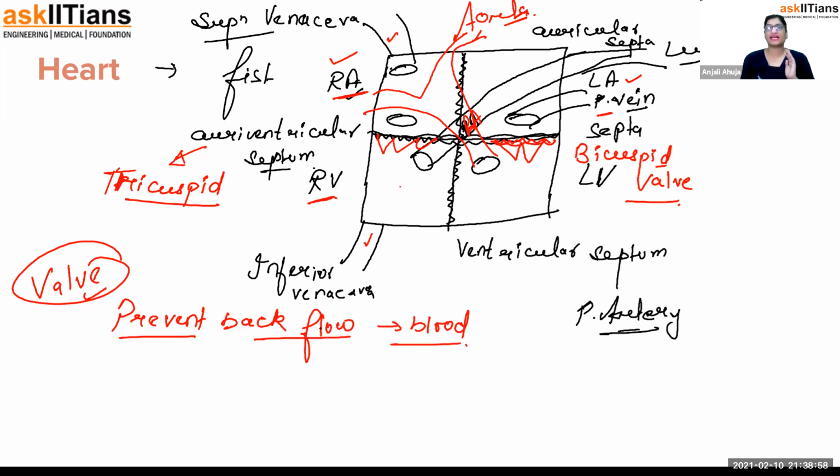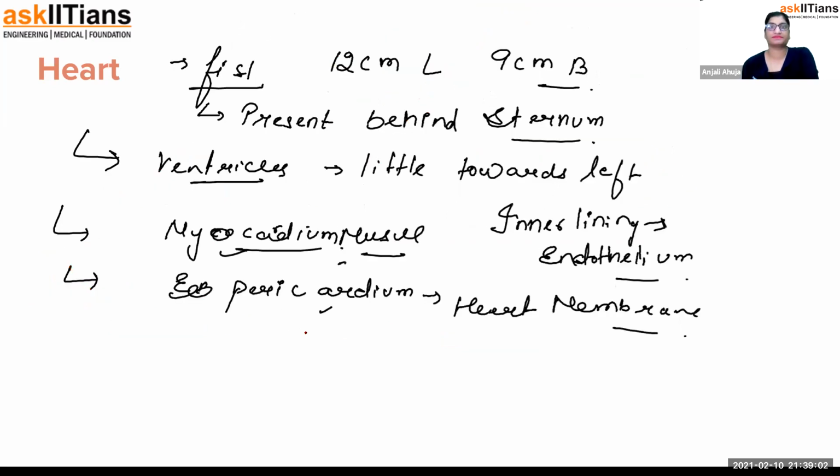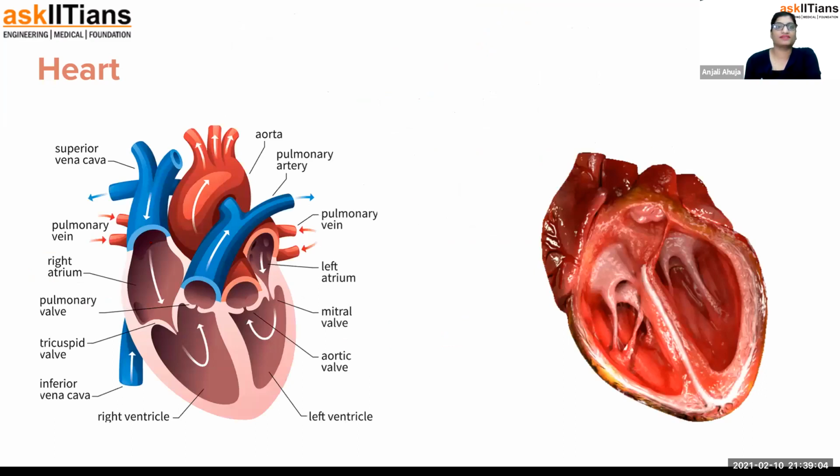I'm going to come back to this diagram and explain how they function. But let's see the diagram. This is the heart. This is the right auricle. Right auricle and atrium are the same thing. This is the right auricle. This is the left auricle. This is the right ventricle. This is the left ventricle.